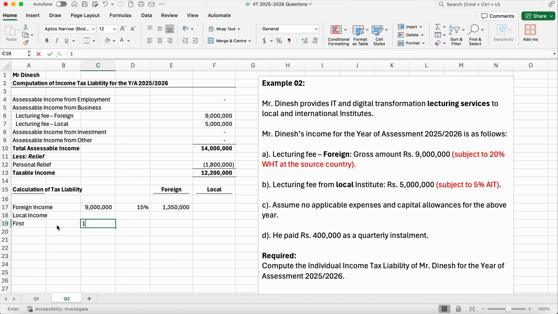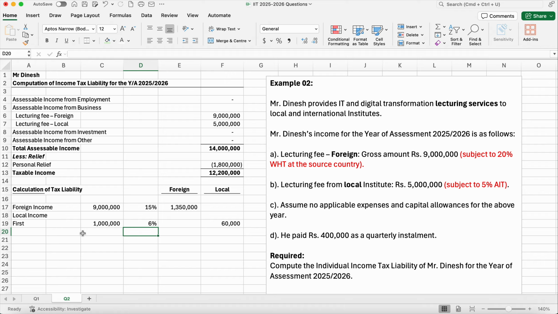So that is here, right? And then the next, as per the law, next is 500.